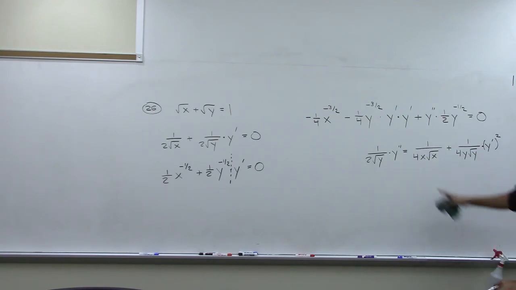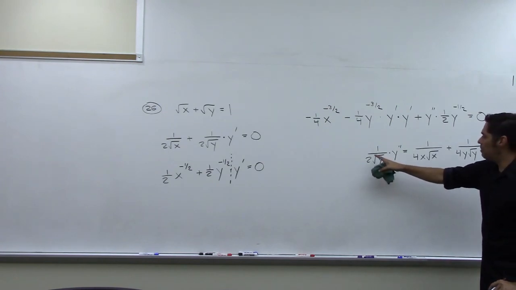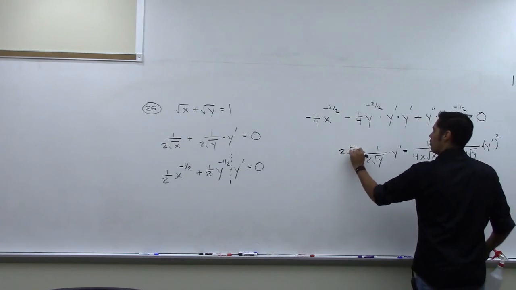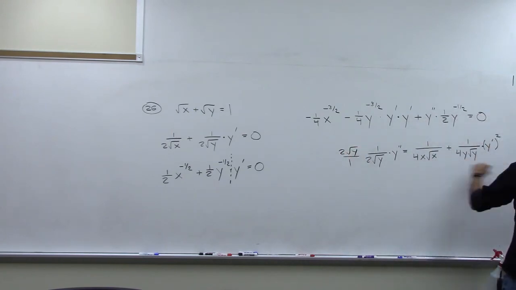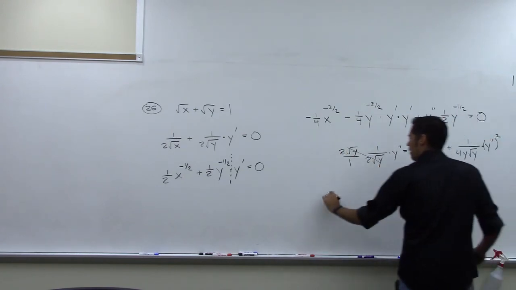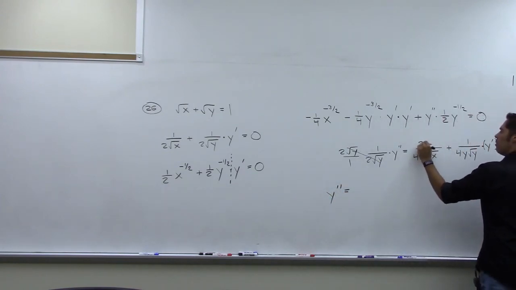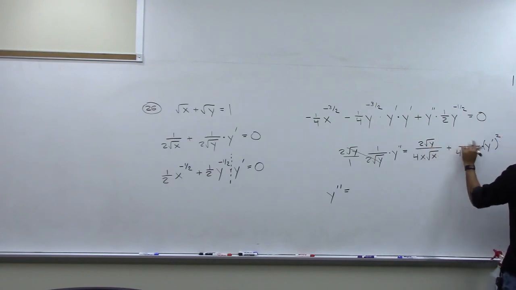Wow. Okay. Let's try and get y double prime by itself. Let's multiply both sides by 2 root y. Top on the top here, 2 root y over 1. Same thing over here. So when I do it here, it goes away. I have y double prime equals, now I'm multiplying this one by 2 root y and this one by 2 root y.